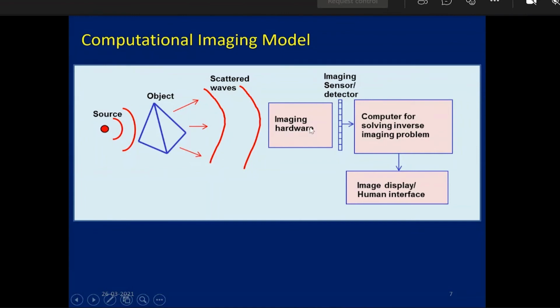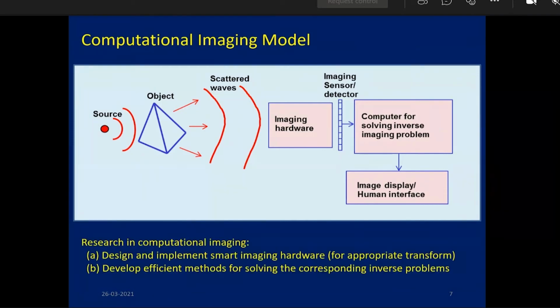The point is, with computational imaging, we want to think about whether we can detect this information in some unusual way, and then after that you solve a large-scale problem to make an image that is suitable for human consumption.